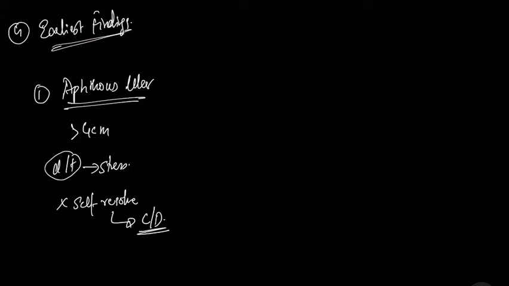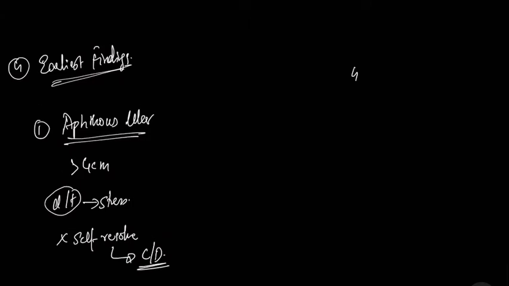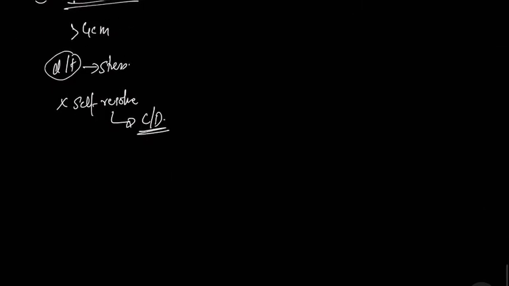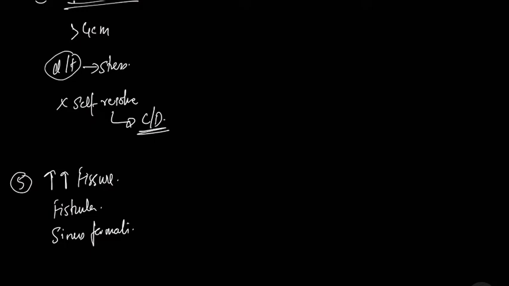Whereas the earliest finding for ulcerative colitis is mucosal irregularity. So what else do you see in Crohn's disease? We see increase in fissures. We see fistula, and we also see sinus formations.